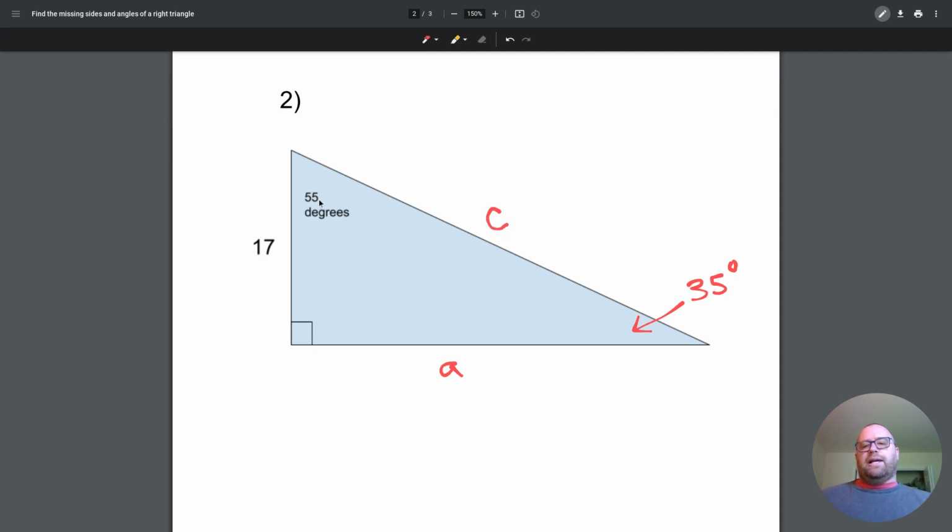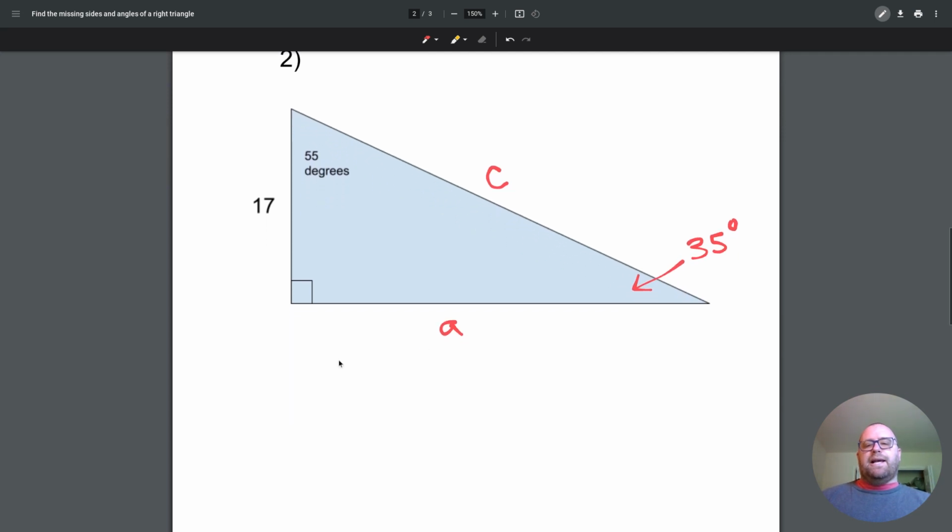So one thing I can say is that if I want to find A, the tangent of 55 degrees equals A, the opposite side, over 17.